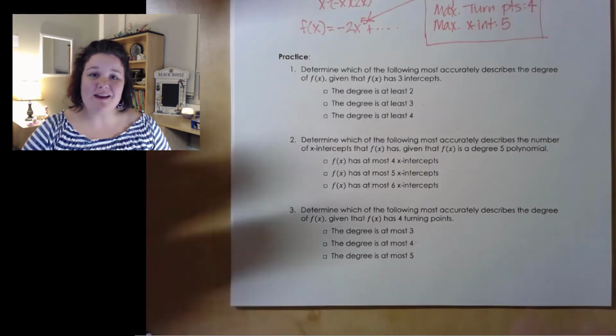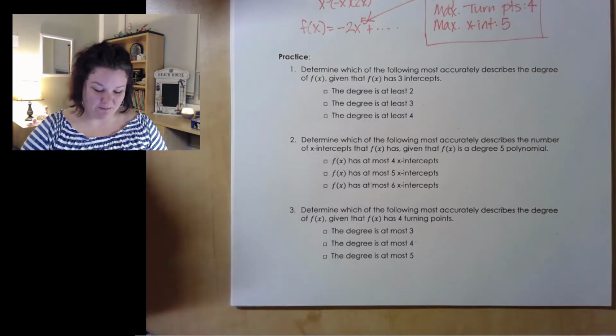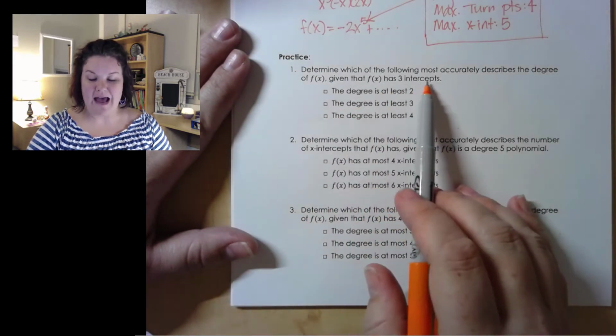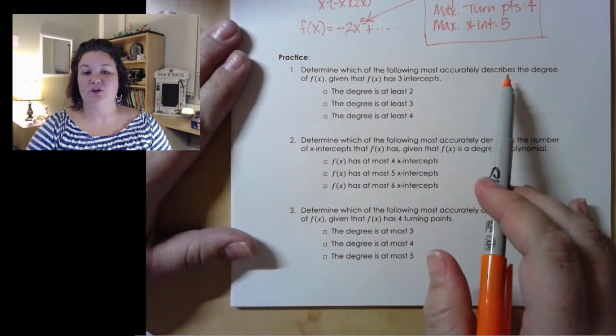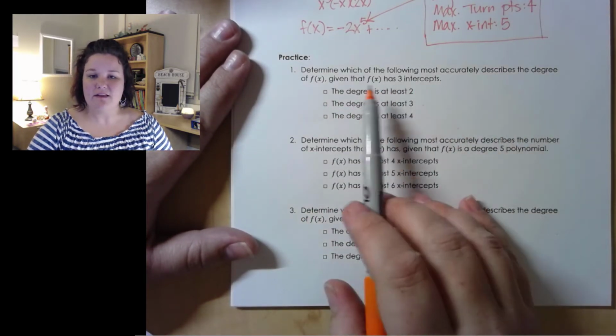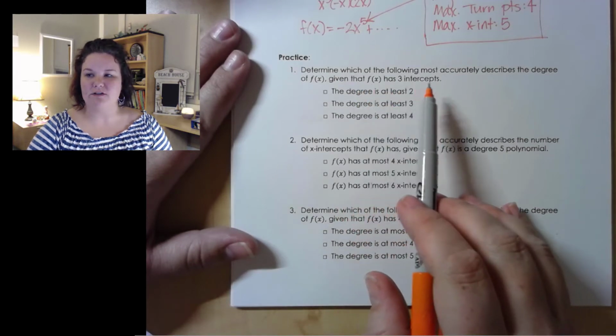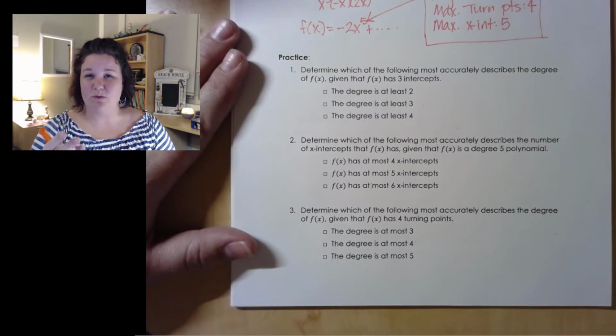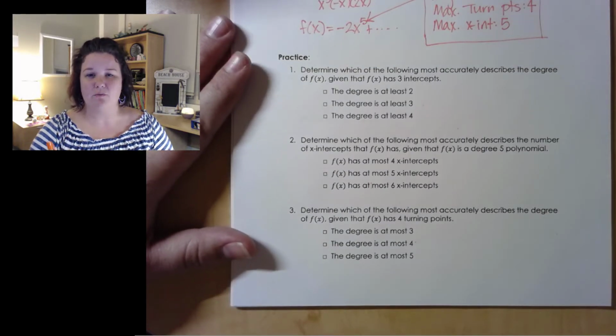All right, so let's go ahead and look at these practice problems. On the first one, it says, determine which of the following most accurately describes the degree of f of x given that f of x has 3 intercepts. Okay, so if it has 3 intercepts, that means we ended up with 3 solutions when we're solving it, for our zeros or for our roots.